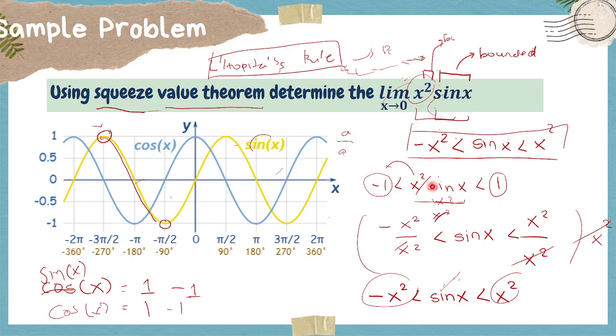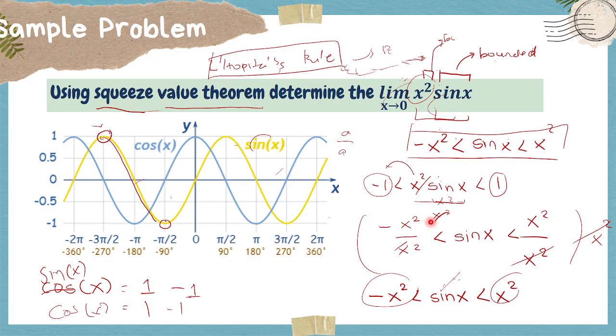So, one way to do that is to divide this function by x squared. If we divide this function by x squared, the resulting answer here is negative 1, and the resulting answer here is positive 1. So we retain the minimum and the maximum value of this function.